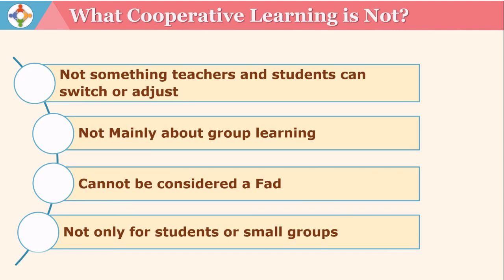Teachers and students are used to traditional teaching, so they will not be able to adjust or switch to it very easily. And it is not mainly about group learning. It is, yes, about individual learning, but achieving group goals.